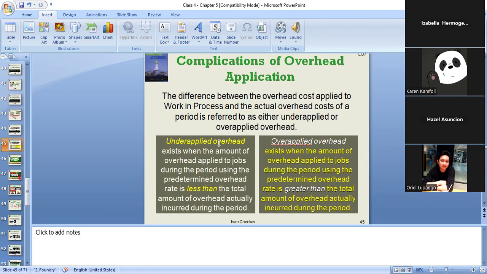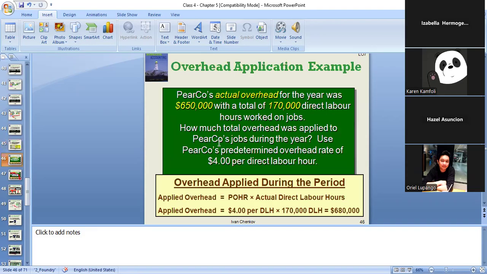The second option is over applied overhead, which means that the overhead that you apply during the period is more in this case than the overhead that you actually paid during the period. Once you compare those two, let's see what happened with this company.